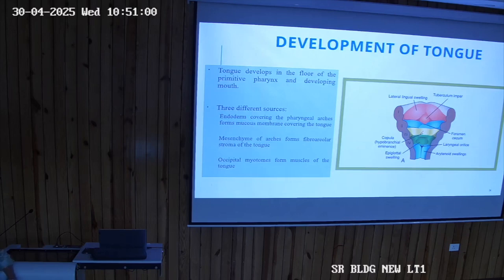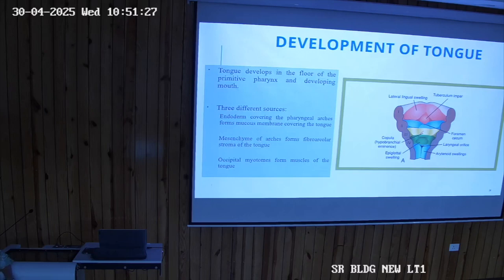Somites are basically developed in anyone? Somites, which type of mesoderm? Anyone? There are 3 types of mesoderm. Somites are formed where? क्या हुआ? कितने type के mesoderm?